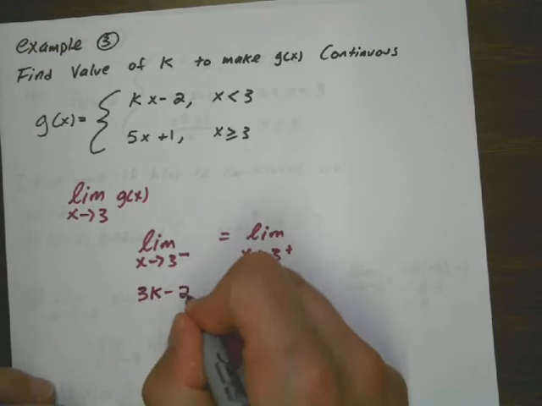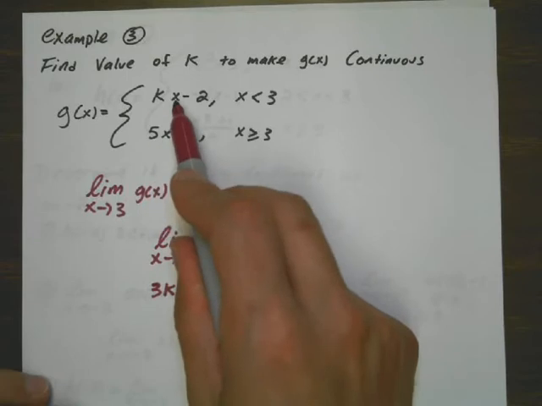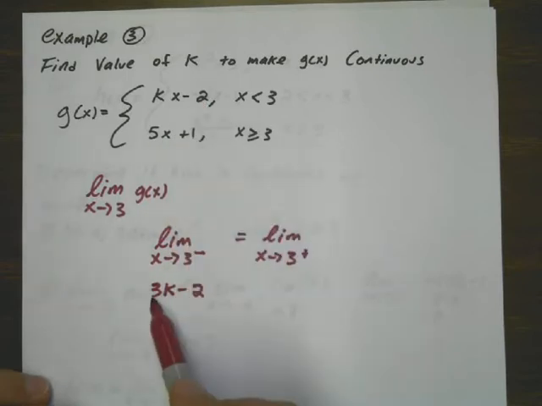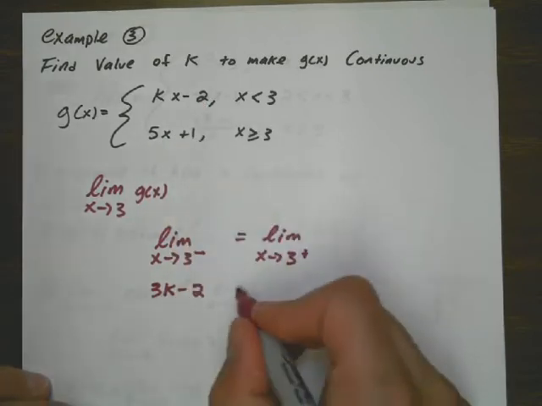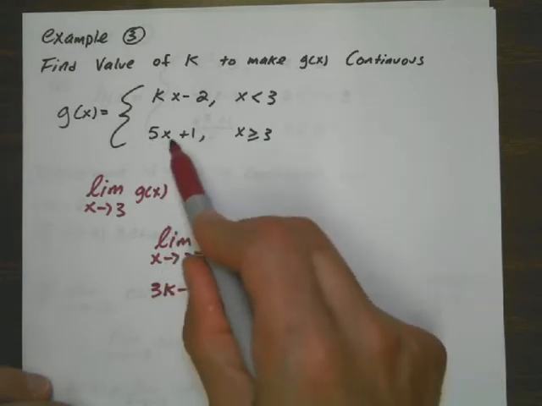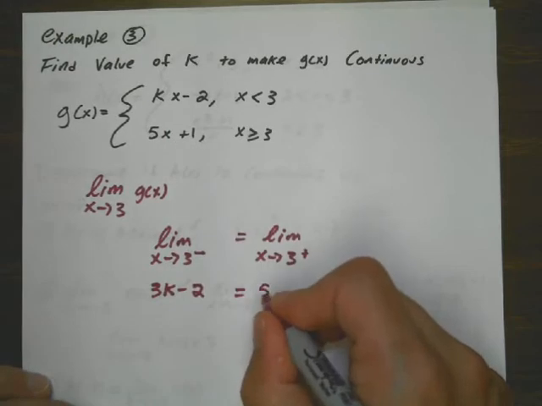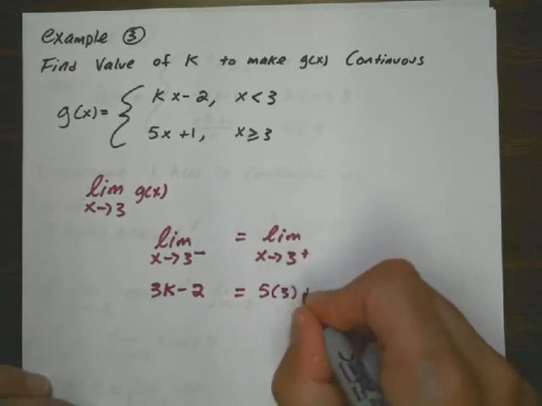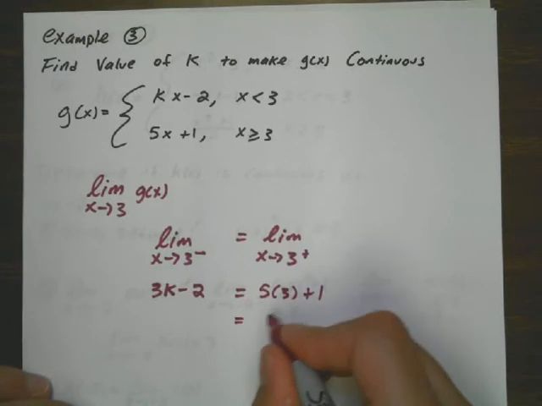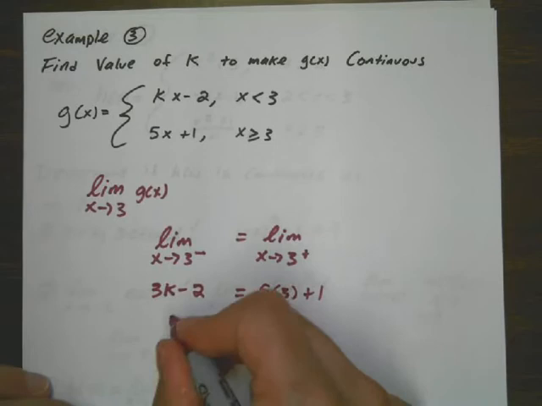I'm just going to leave it as k. So k times 3 minus 2, I'm just going to write it as 3k minus 2. Plugging in 3 for the right, it's going to be 5 times 3 plus 1. So this gives me, let's see, 15 plus 1 is 16.